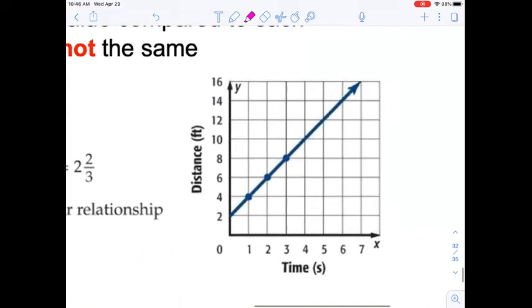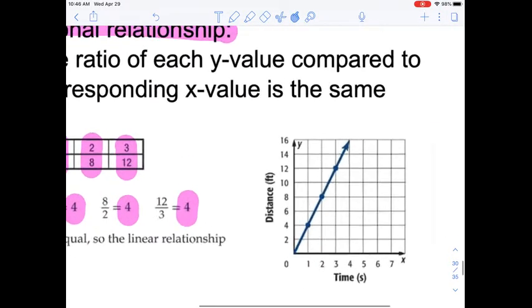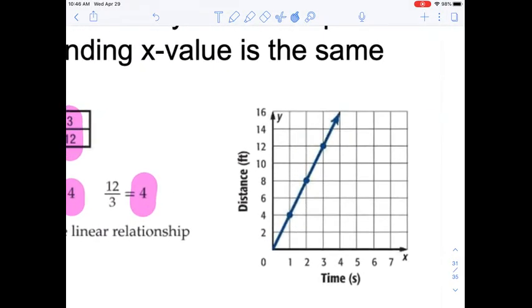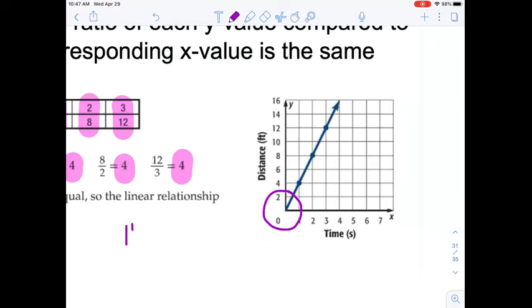They're not equal. Looking at the graphs, this is a graph of a non-proportional relationship. This is a graph of a proportional relationship. So if you're given a graph, super easy and quick, you can tell if it's proportional if it goes through the origin. So you should write that in your notes.